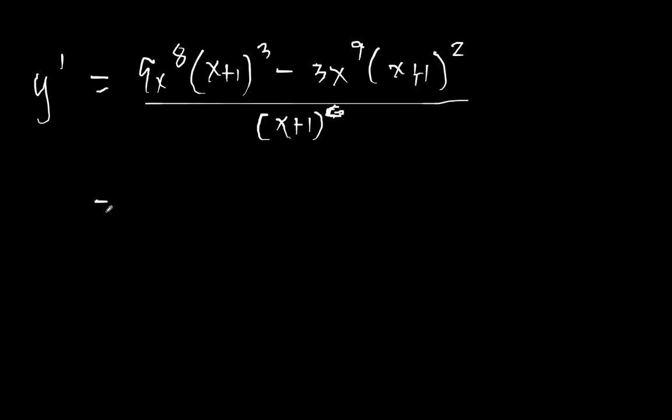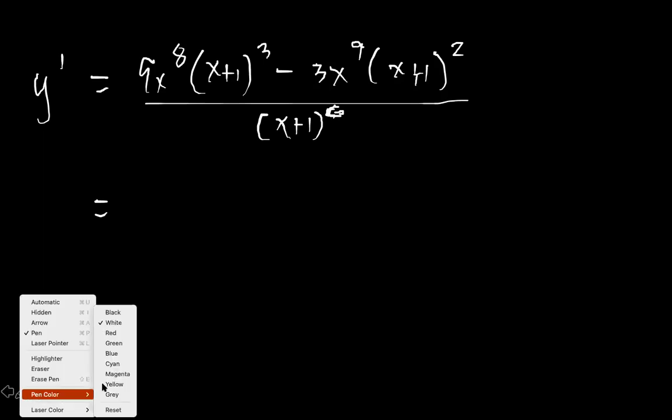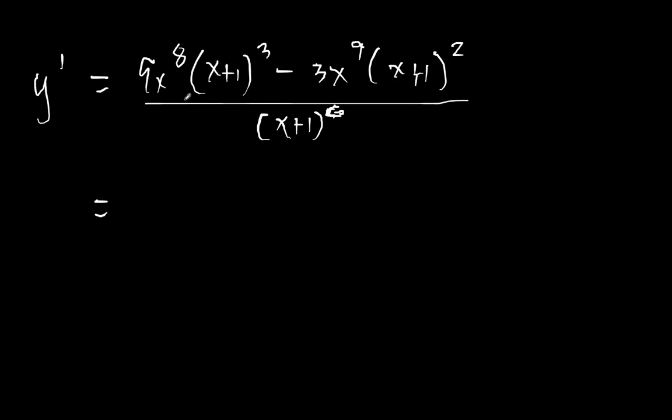So let's simplify the numerator. Let's identify the common factors of the numerator. We have 3x raised to 9, or x raised to 8, and x plus 1 cubed, x plus 1 squared. So therefore, our common factors here are 3x raised to 8 and x plus 1 squared, right?